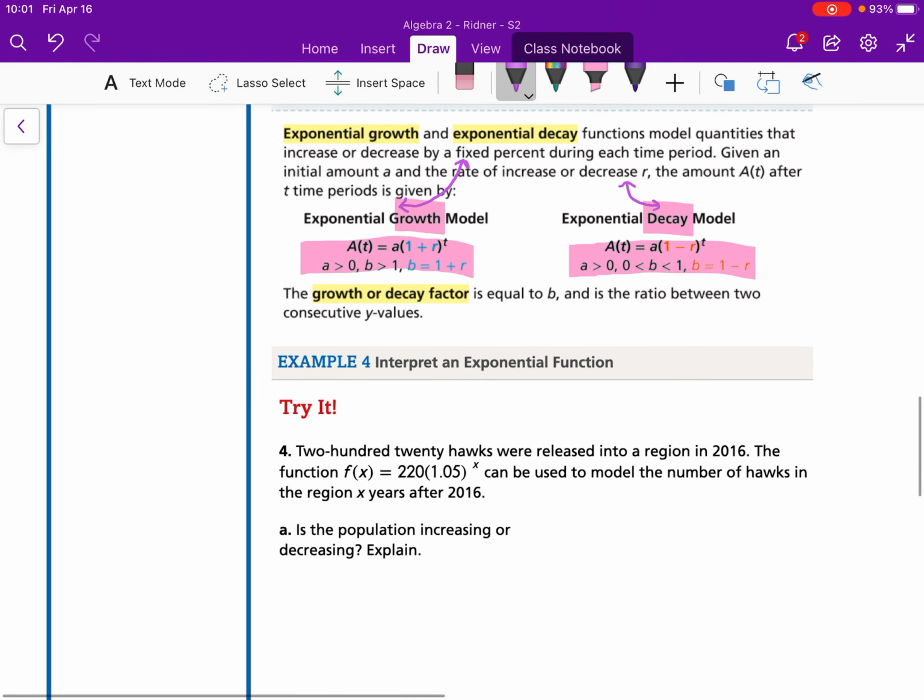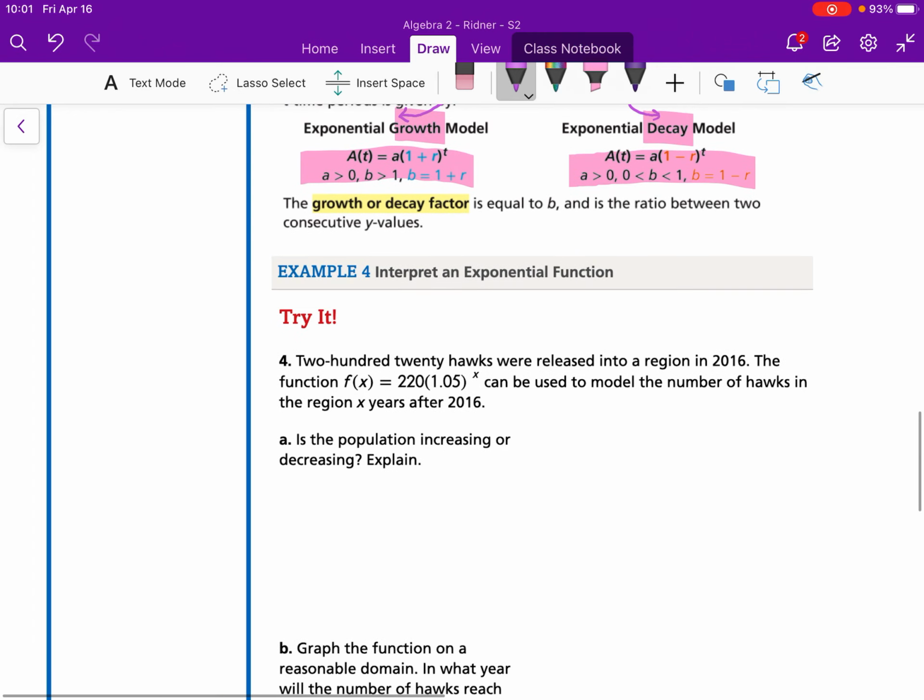Okay. So if I look at this interpretation, we're given the function here. And it's modeling the number of hawks in a region after 2016. We want to know, is it increasing or decreasing?